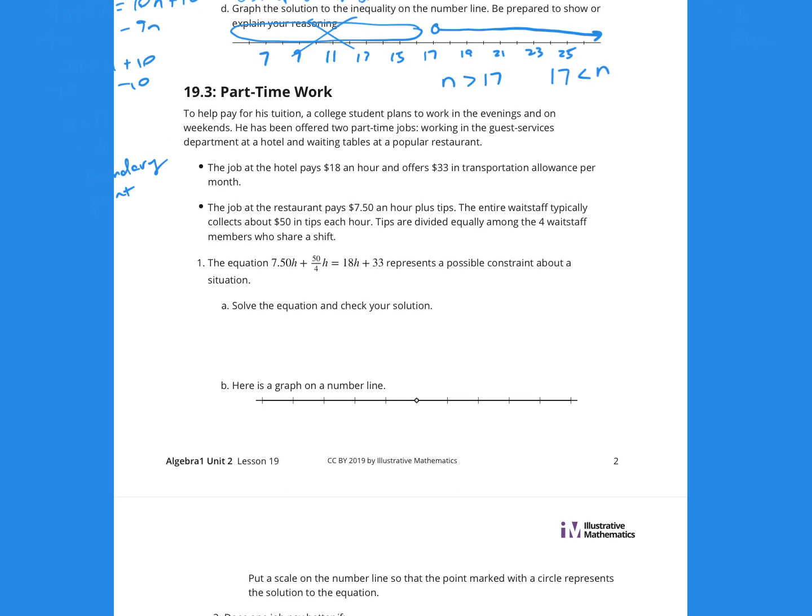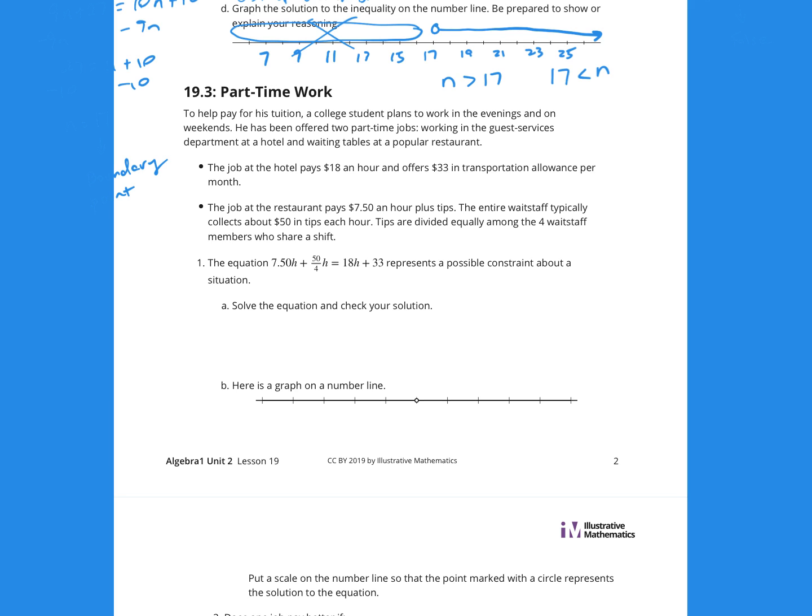So for this next activity, it says to help pay for tuition, a college student plans to work in the evenings and on the weekends. He has been offered 2 part-time jobs working in the guest services department at a hotel and waiting tables at a popular restaurant. The job at the hotel pays $18 an hour and offers $33 in transportation allowance per month. The job at the restaurant pays $7.50 an hour plus tips.